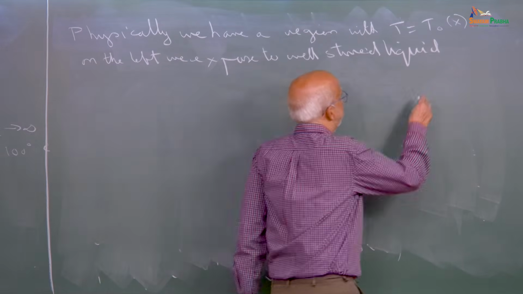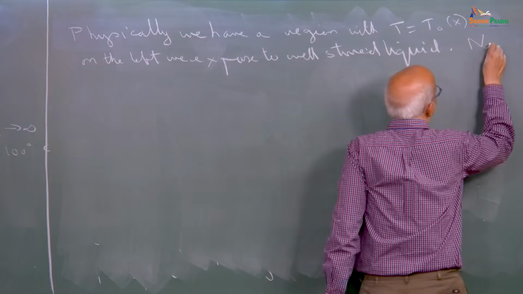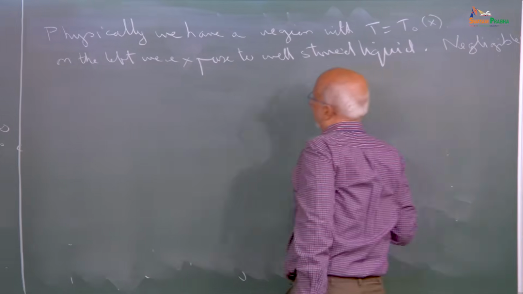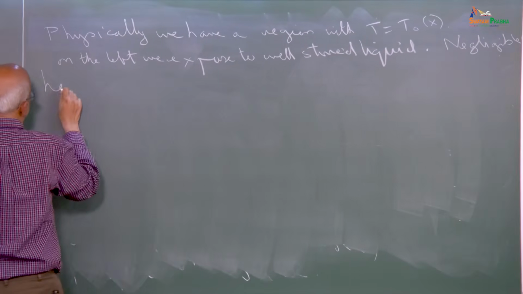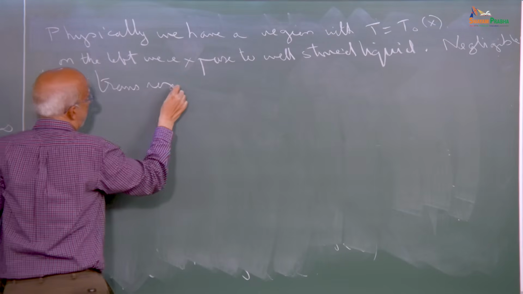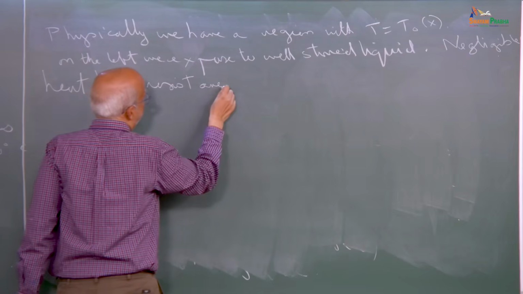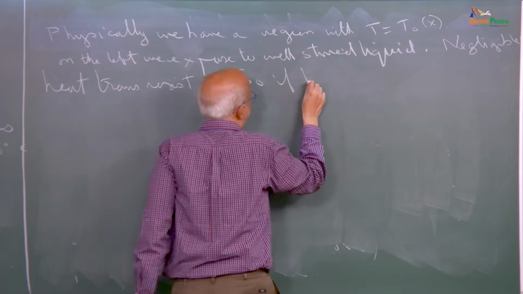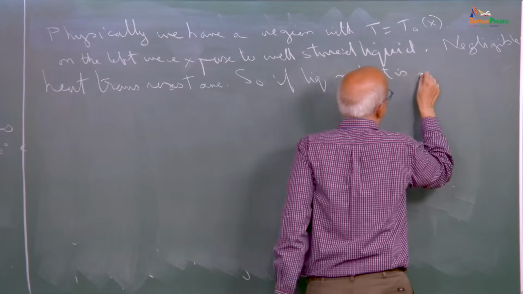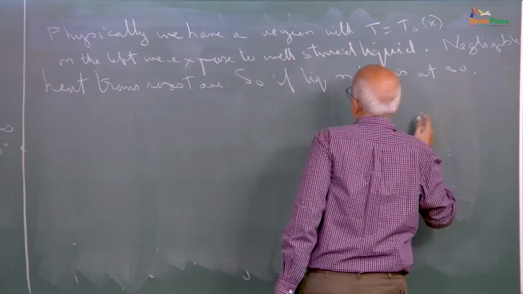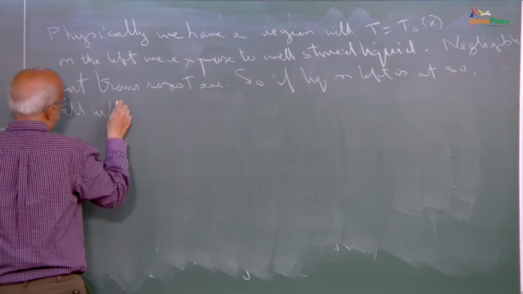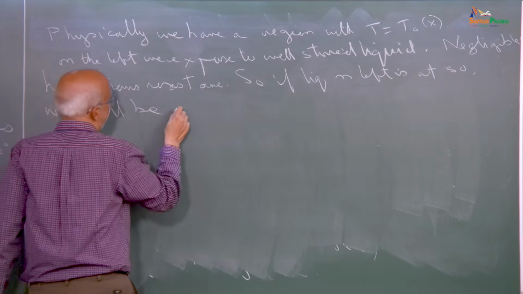Well stirred means negligible heat transfer resistance. So, if the liquid on the left is at 30, then the wall will be at 30.